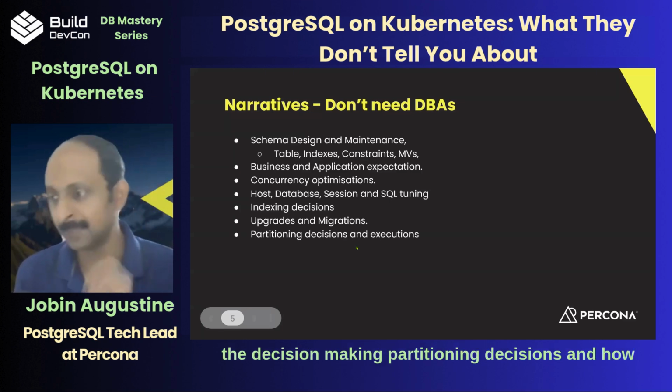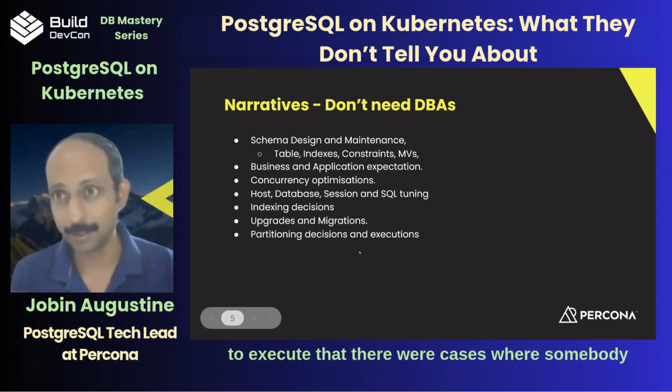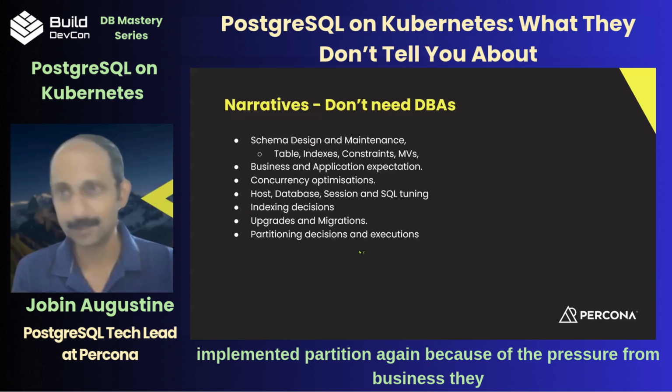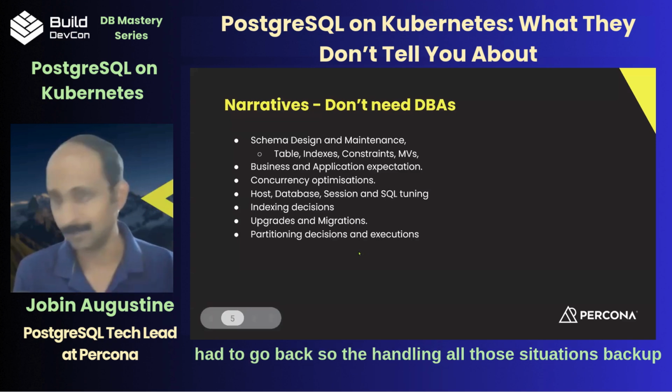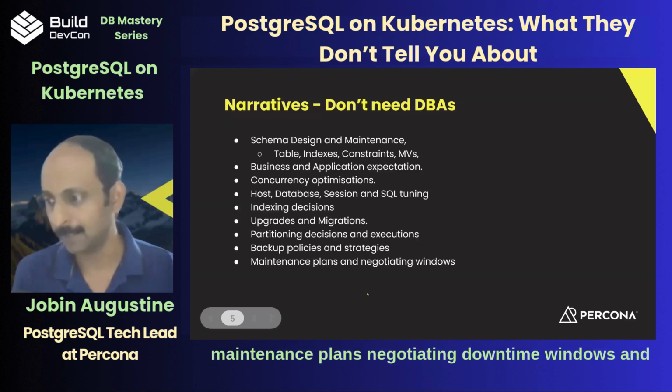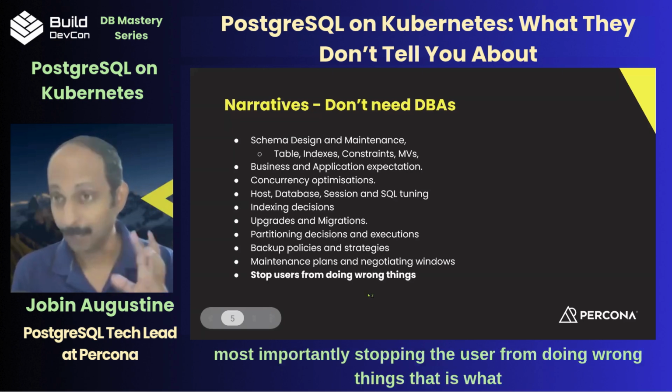The decision making on partitioning, and how to execute that. There were cases where somebody implemented partitioning, and again because of pressure from the business they had to go back. So handling all those situations, backup policies and strategies, maintenance plans, negotiating downtime windows, and most importantly, stopping the user from doing wrong things.